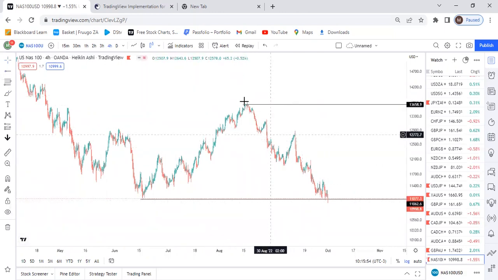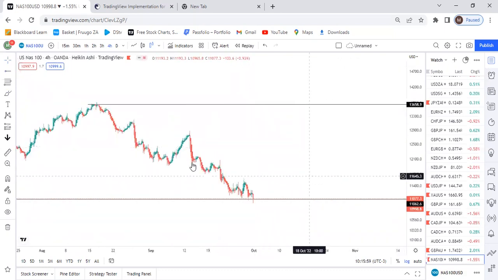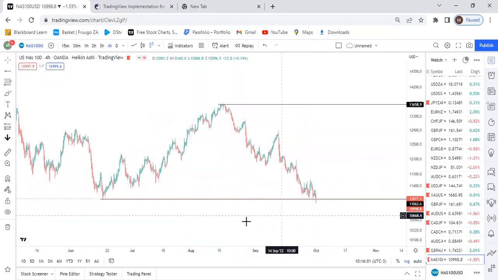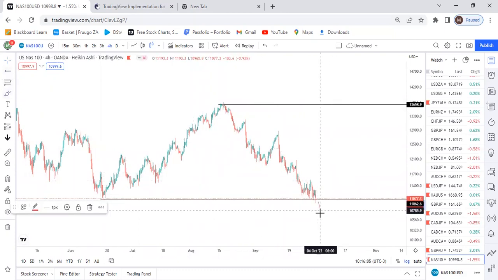So once you spot these levels, now you can have an idea where the market could go. It could either break and continue to the downside or reject and go to the upside.